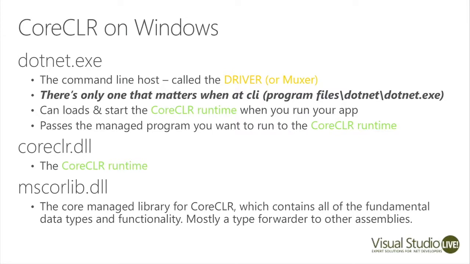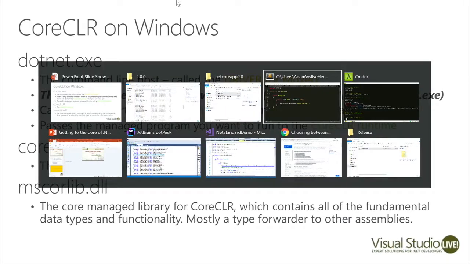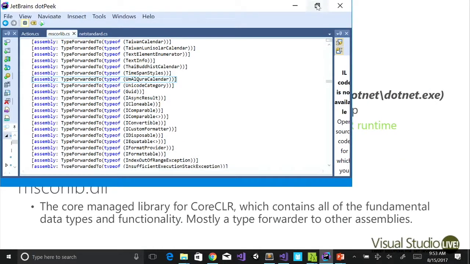And some of these libraries do interesting forwarding. They have a front-facing library that in turn forwards to other places. You'll see netstandard.dll is an example of this. You load it up and look at it in something like .peek or ILDASM, and you find they do these type forwardings.